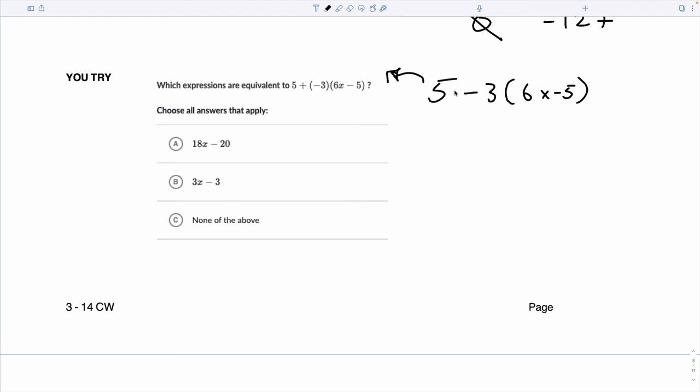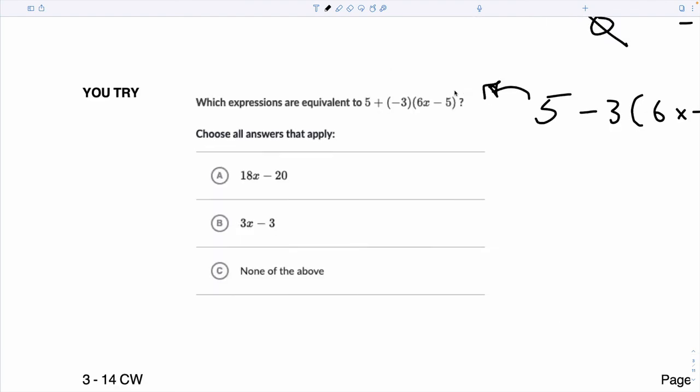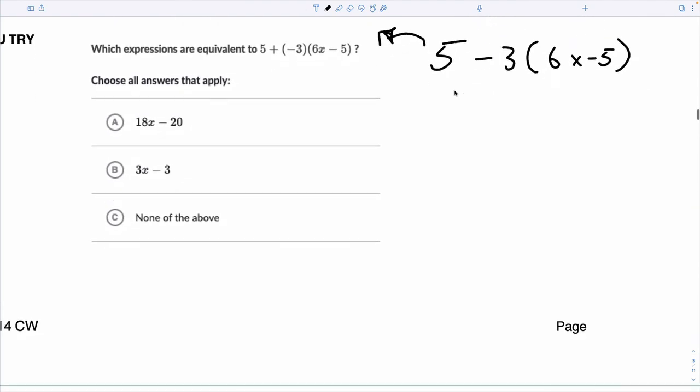Okay, I'll be over there in just a second. Talk to your partner, go back to the U-turn and compare answers.